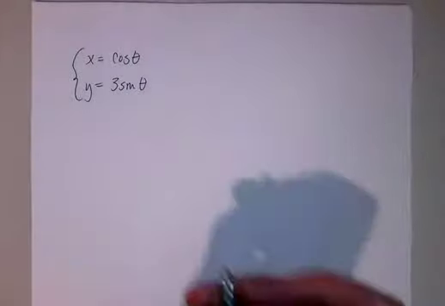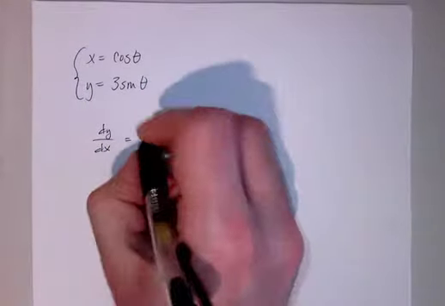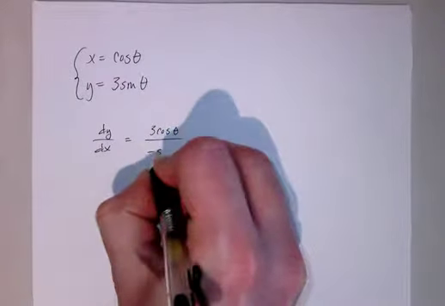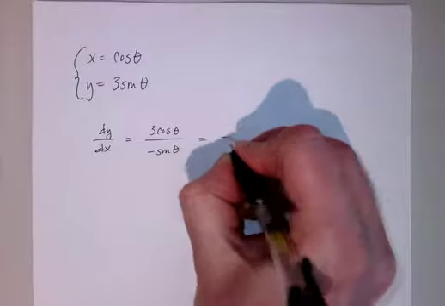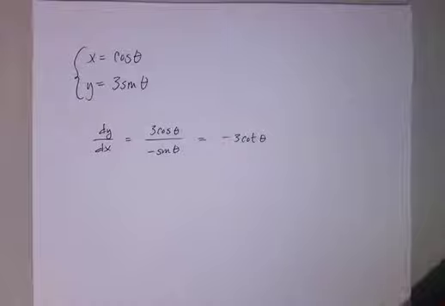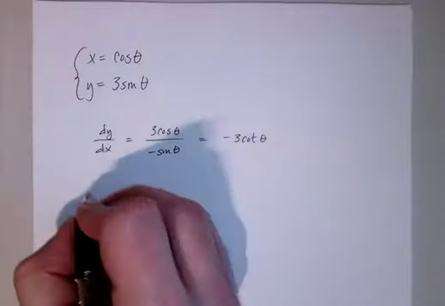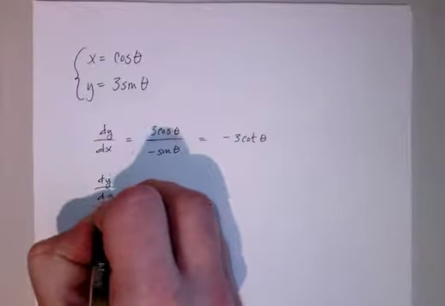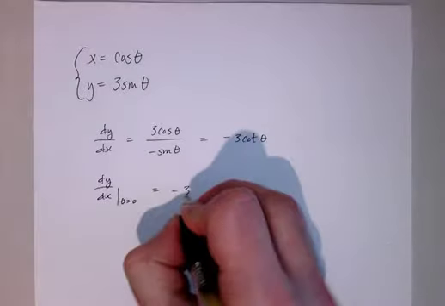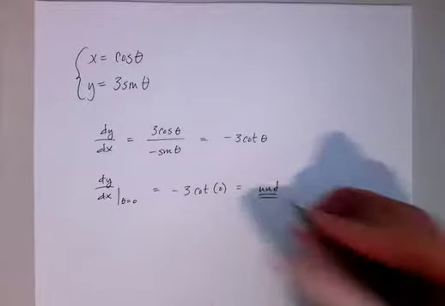How about that? Okay? So I know that dy/dx is going to be 3 cosine theta over negative sine theta, or negative 3 cotangent theta. And if I evaluate that at theta equal to 0, I'm going to get negative 3 cotangent 0, and of course that is undefined.